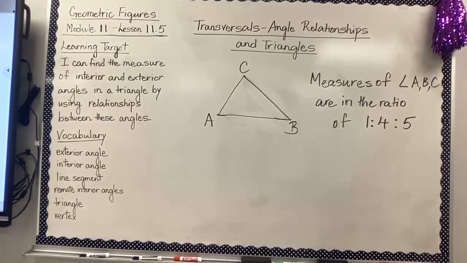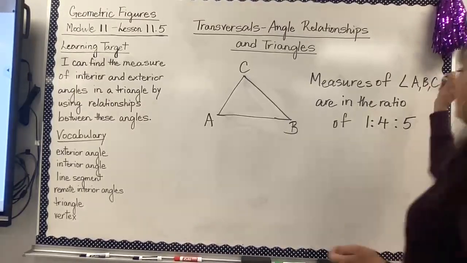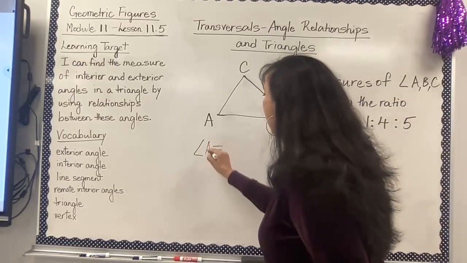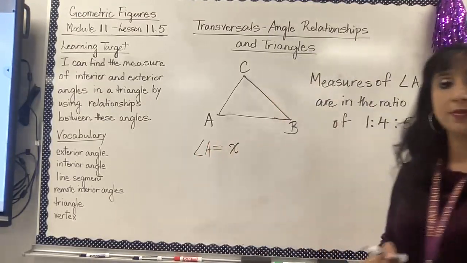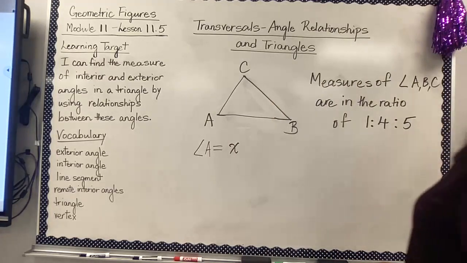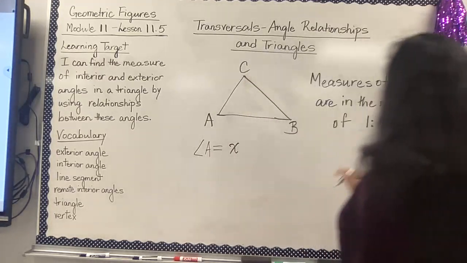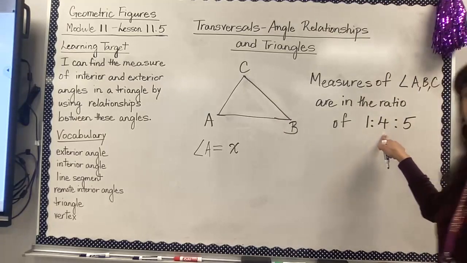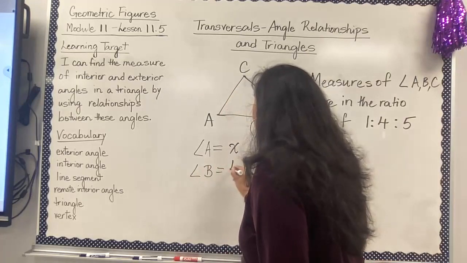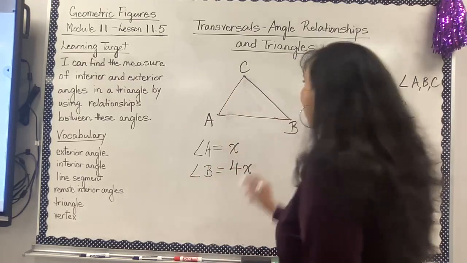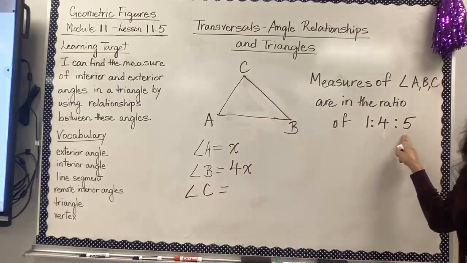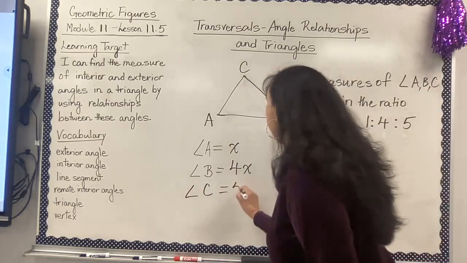Okay, so we are going to let angle A be represented as x. And then since angle B is 4 times greater, because the ratio is 1 to 4, angle B is going to be 4x, and angle C, since it's 5 times, I'm going to say is 5x.